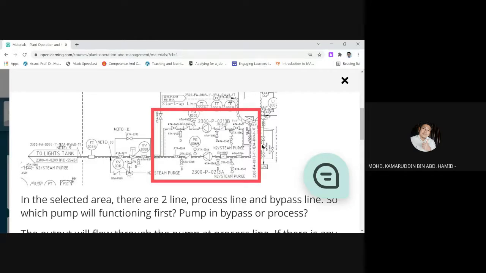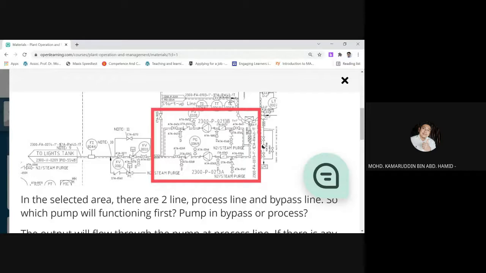Okay, what will happen sekarang ini? You have a first valve and you have a pump and you have a second pump. Though these two pumps operate at different efficiency. Okay, we call it adiabatic efficiency. You have a different adiabatic efficiency.